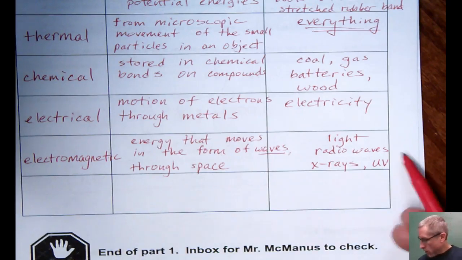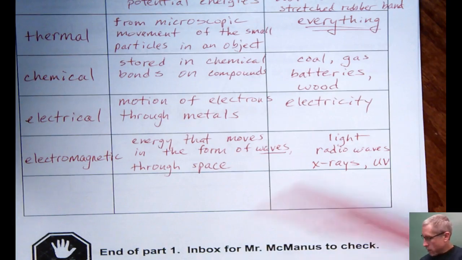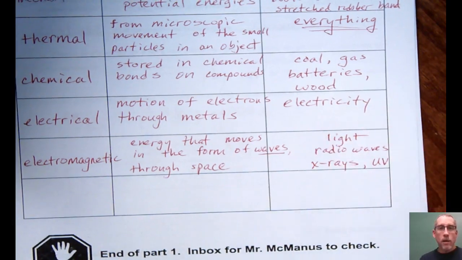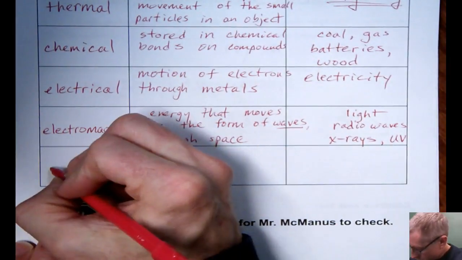And every one of those is something that's traveling from the sun through space. And every star gives off different forms of electromagnetic radiation. And that travels through space, and a lot of it reaches us here on Earth. It's how we know a lot about what's out in space, is based on the electromagnetic energy that we receive from it. And what's our last one?